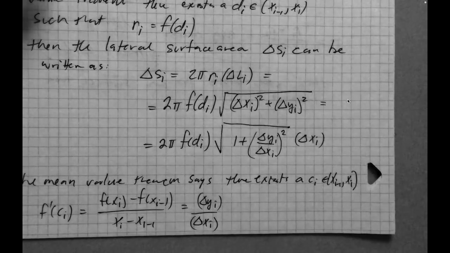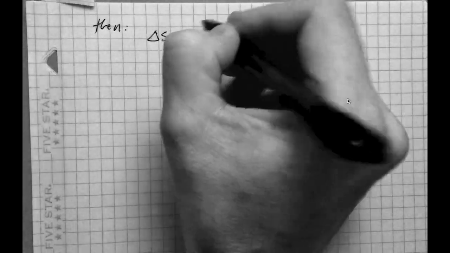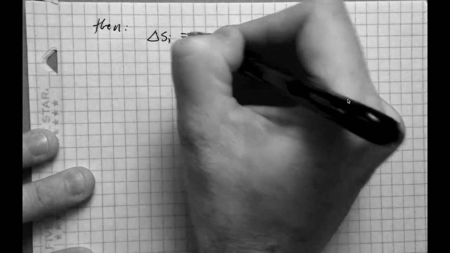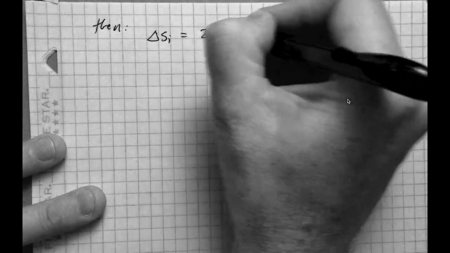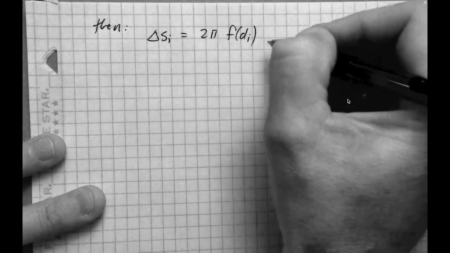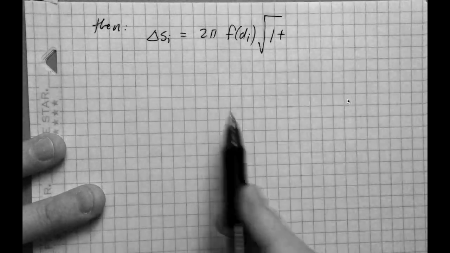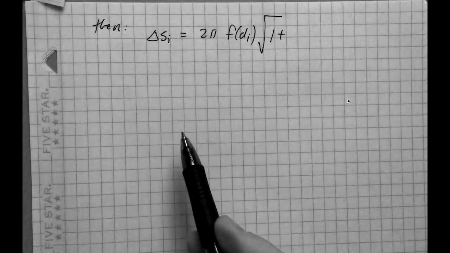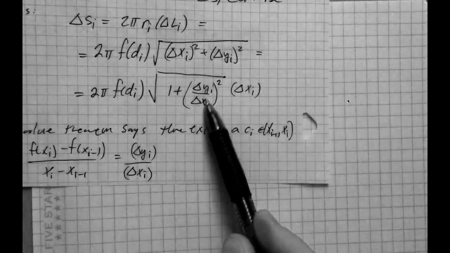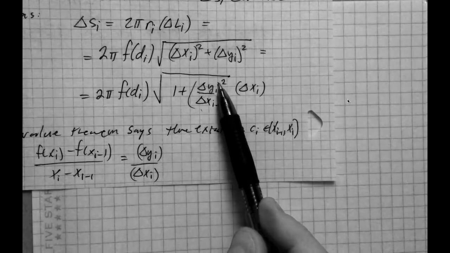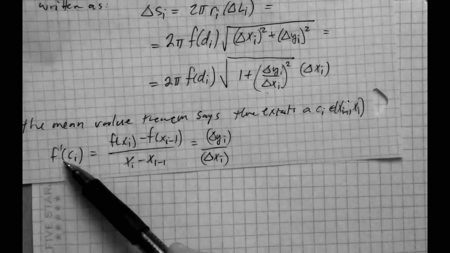Okay, so given that, we can finally say that our delta Si is equal to 2 pi f of di, so this is stuff we all had before, times the square root of 1 plus, now instead of delta yi squared over delta xi squared, let's plug in this instead.